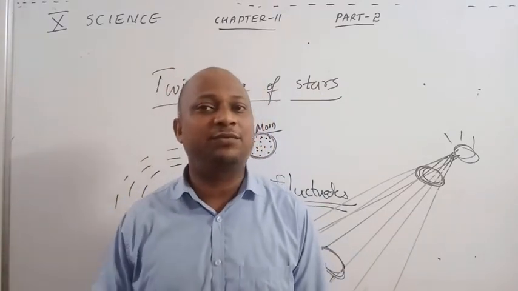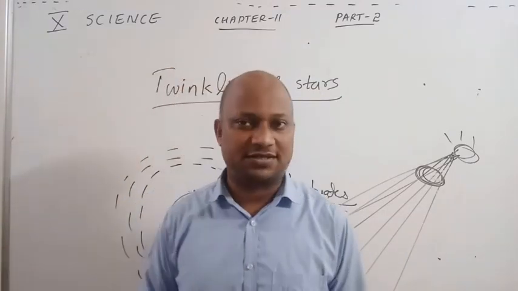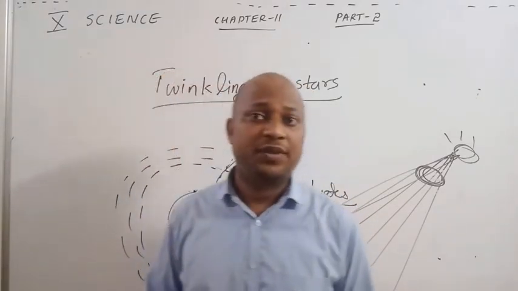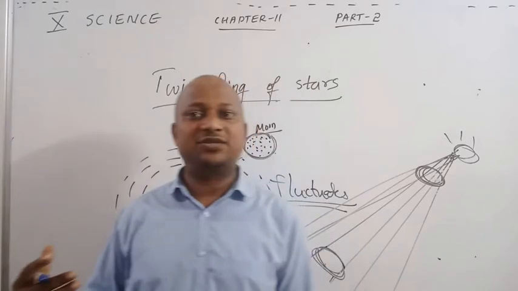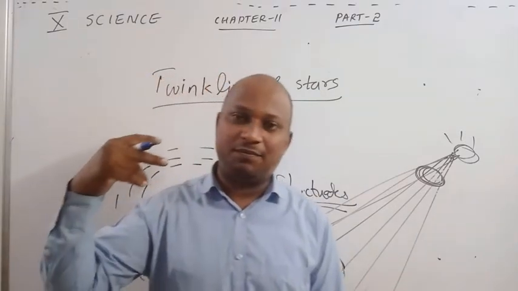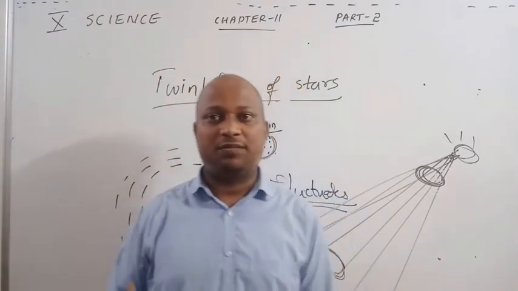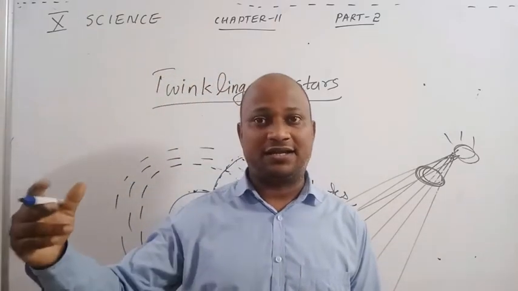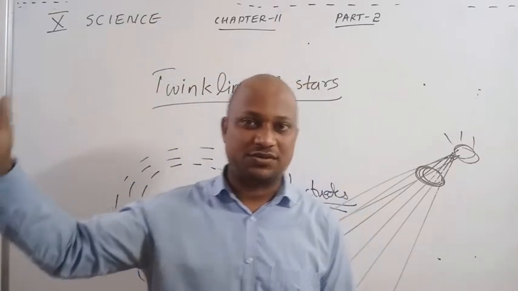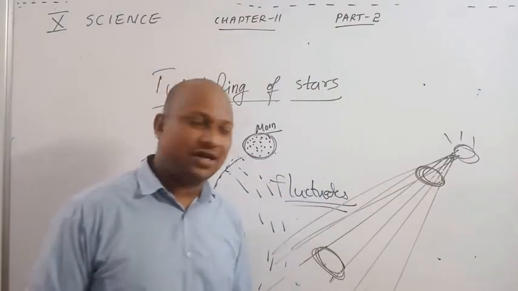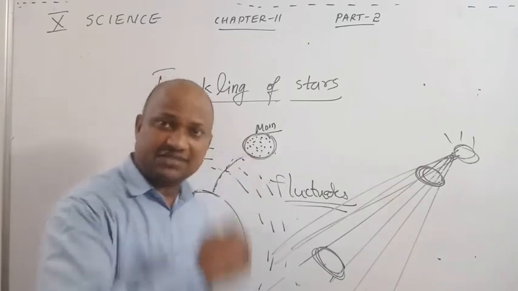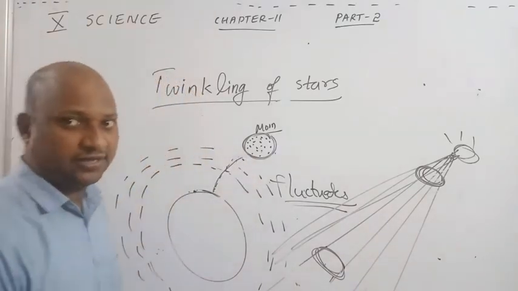So in the daytime we see very few stars. In the afternoon you cannot see at all because more bright light enters our eye, so your eye detects the bright light source, but you cannot detect the dim light source. Stars are dim light sources because they are very far away and very less number of rays enter our eye. That's the problem.